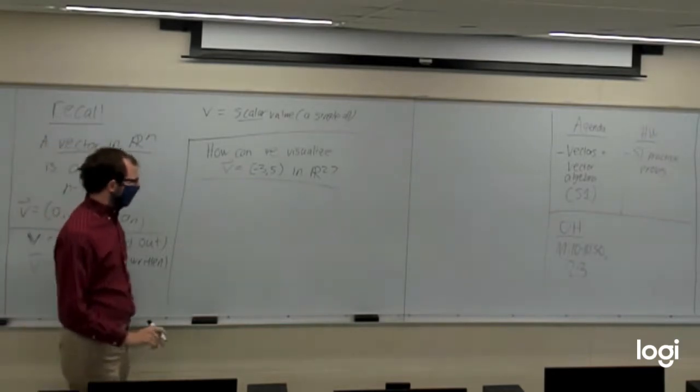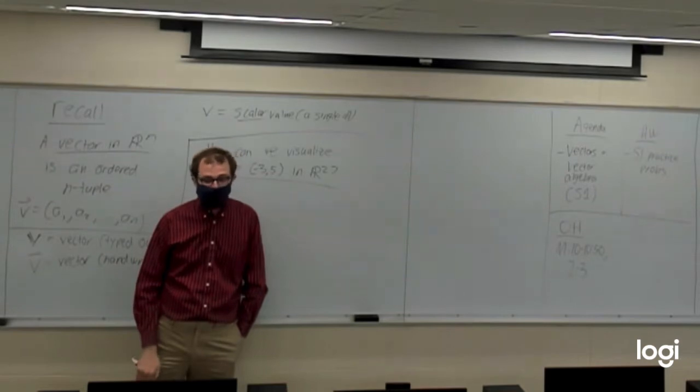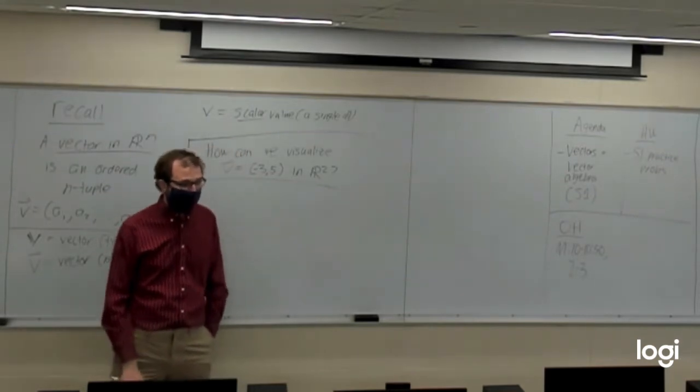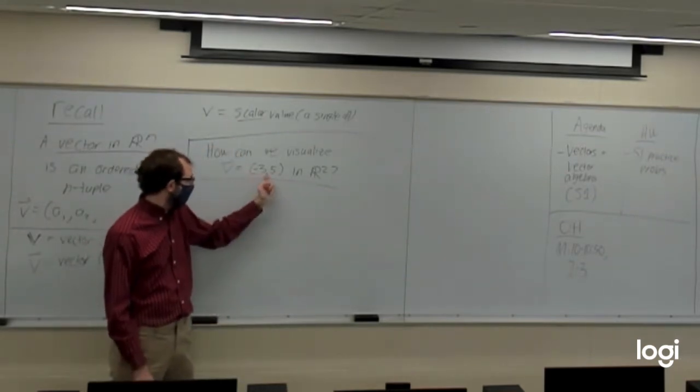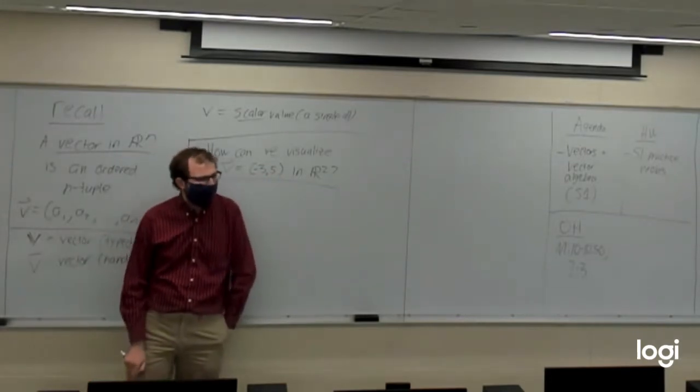What do you think about this? If I told you that I wanted you to graph or to draw a picture of what -3, 5 is going to look like, what would your first thought be?